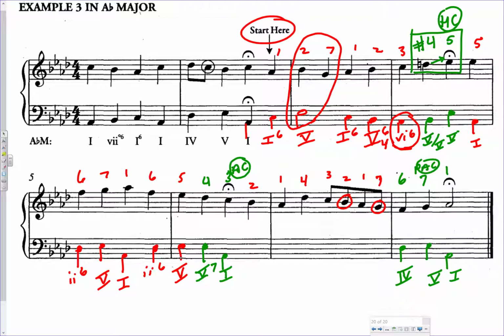Now, after this imperfect authentic cadence in measure 6 on the last beat, soprano is singing re, so I figured out what chords have re in it in the key of A flat major. And I figured that the 5 chord would be a good one to include right there, but in inversion. I chose a 5-6.